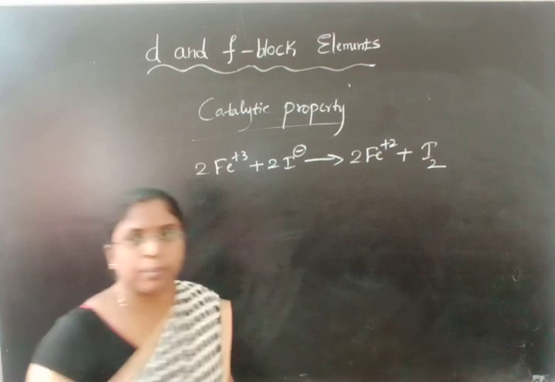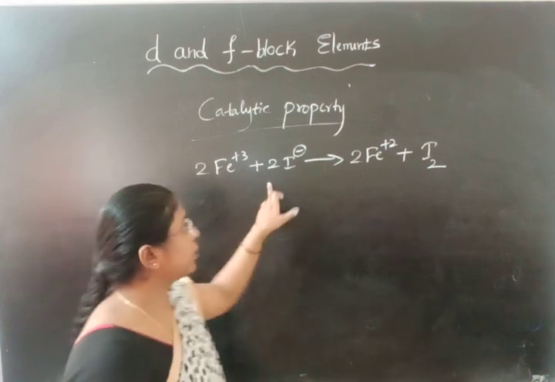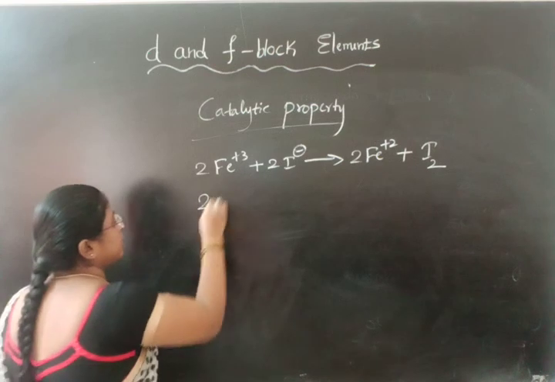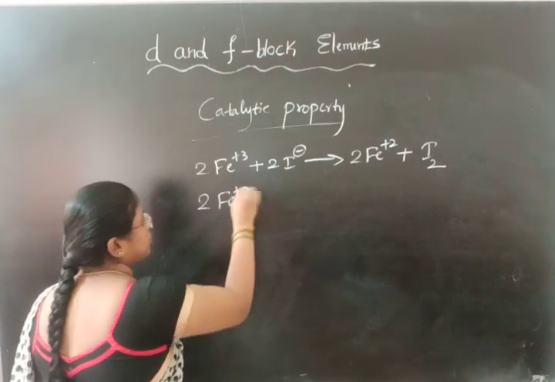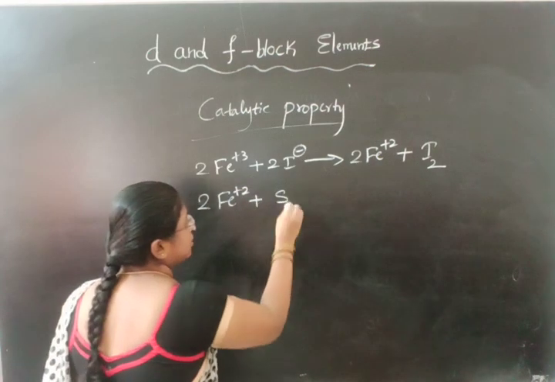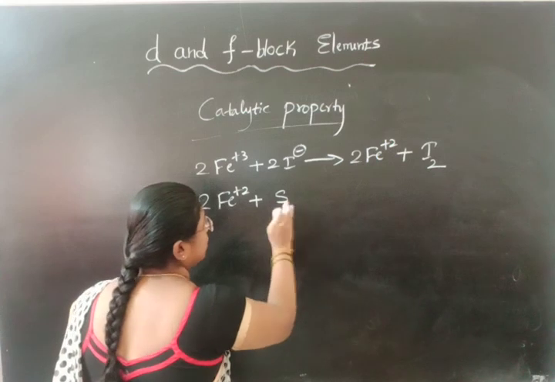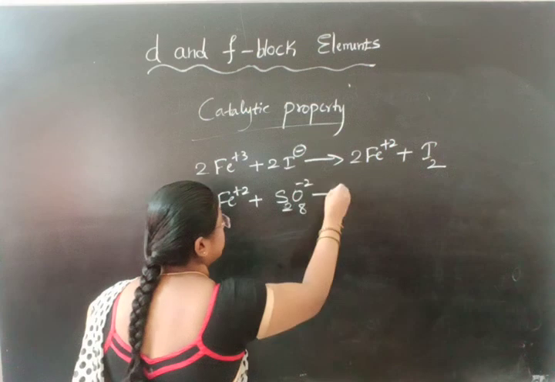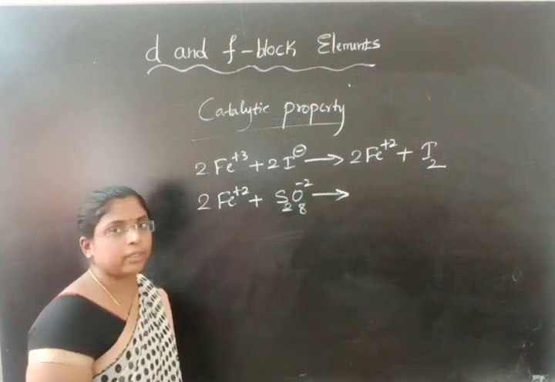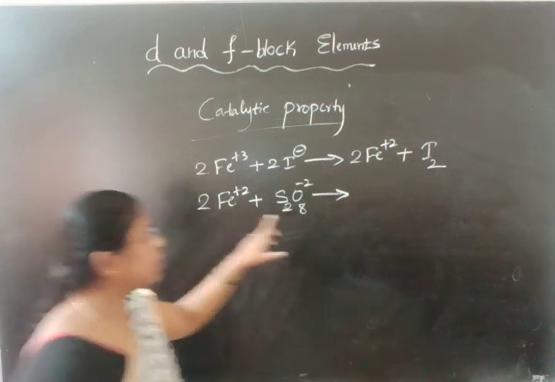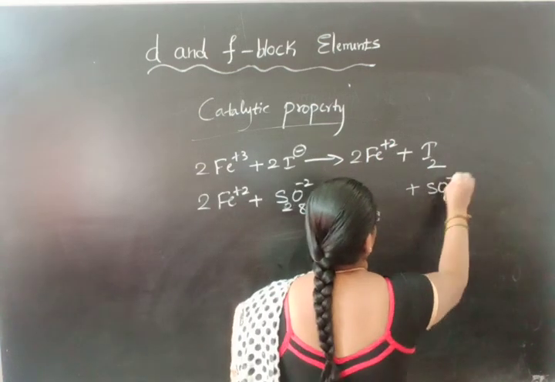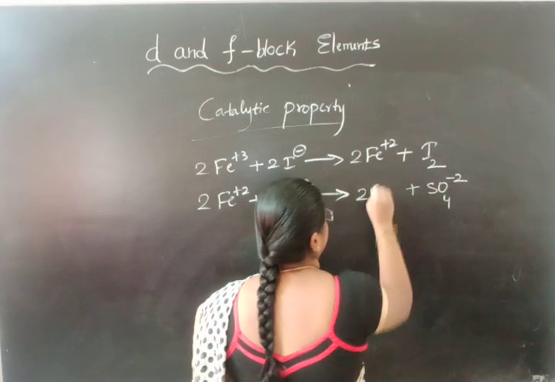In this way Fe3+ converts iodide to iodine. That is the first step. In the second step, Fe2+ reacts with peroxodisulfate, S2O8 2-, known as peroxodisulfate. Fe2+ converts the peroxodisulfate into sulfate, SO4 2- ions, and Fe3+.